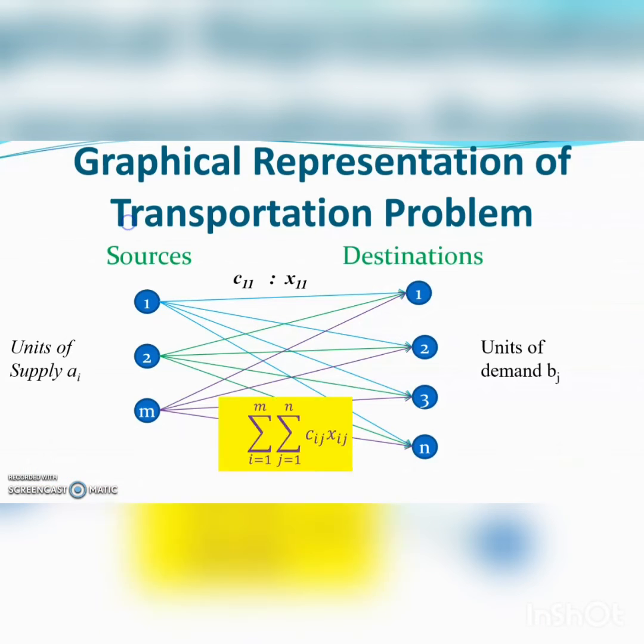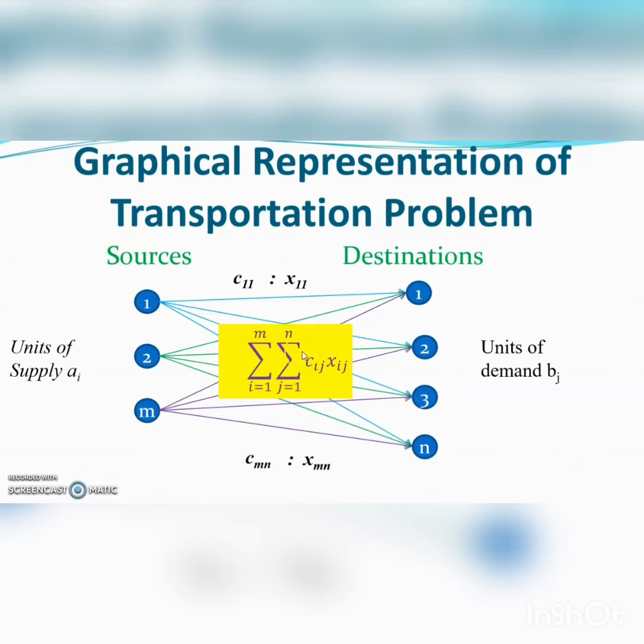Therefore, the total transportation cost is summation over i from 1 to m, summation over j from 1 to n, Cij Xij. And also, from the source 1, the total unit delivered is given by X11 plus X12 plus X13 up to X1n, and this must be equal to A1.